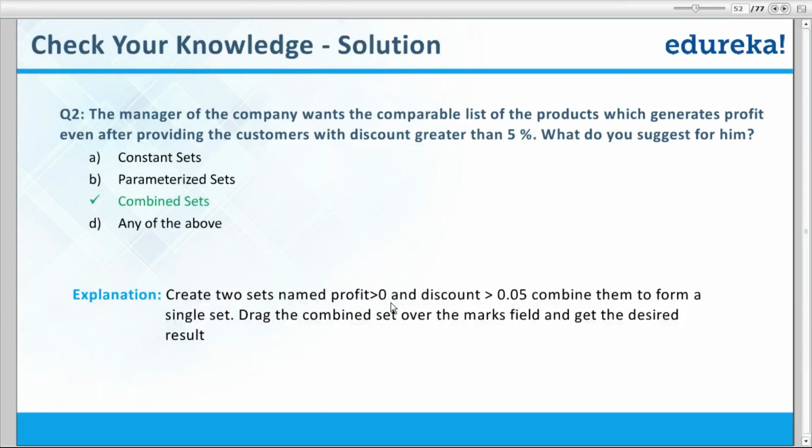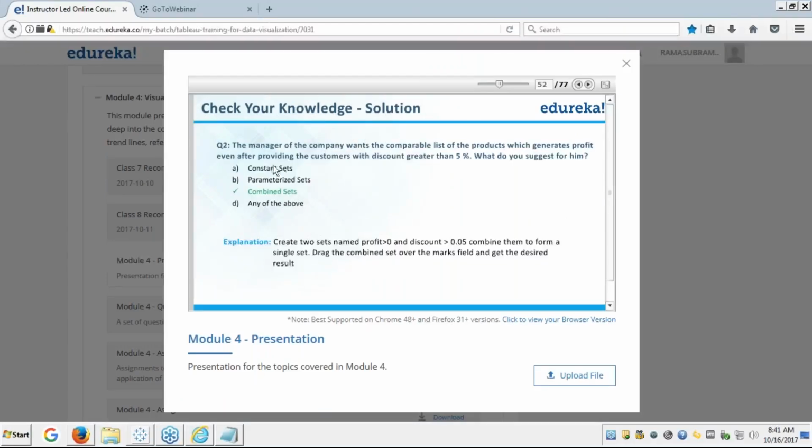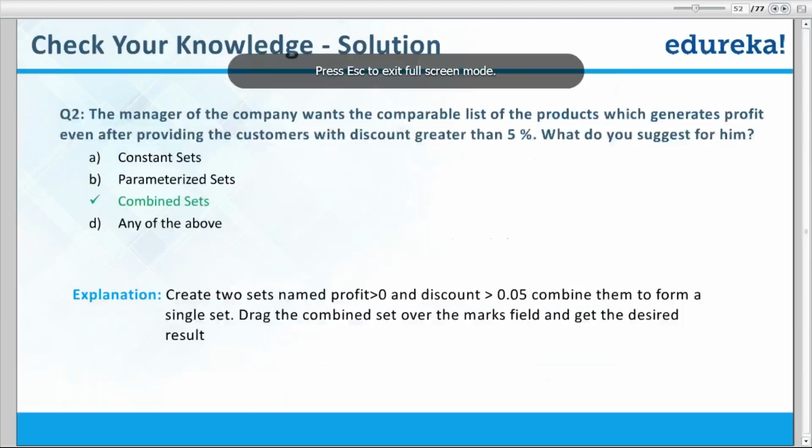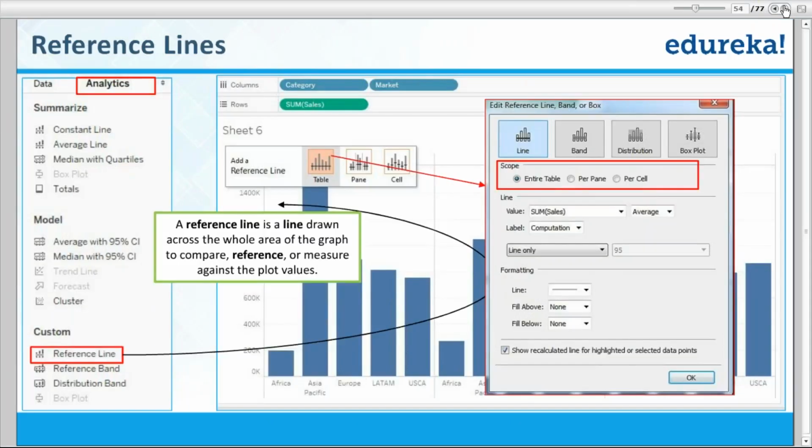First for profit, we need to create a set for profit greater than 0, and then another set for discount greater than 0.05, and combine them to form a single set. Yeah, that's right, Jayesh. That's great, friends. Those who have answered it right, that is the right answer, and those who haven't, you can note it down for your future.